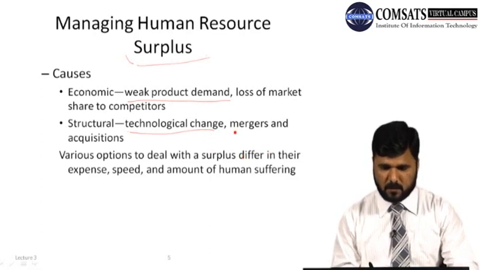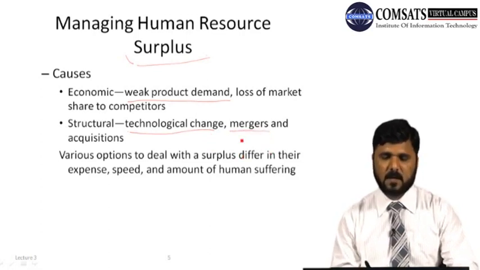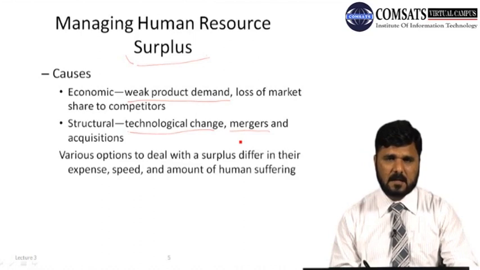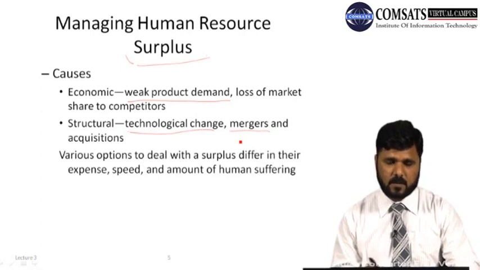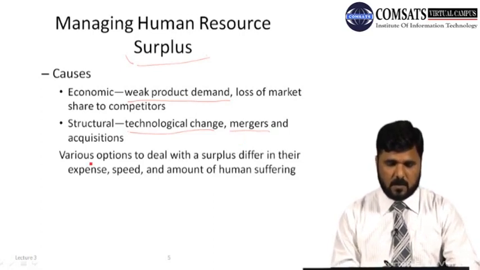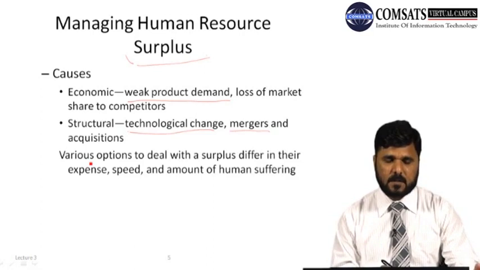It may also occur because of mergers and acquisitions that are taking place in different industries. We can talk about the banking sector. We are experiencing certain mergers and acquisitions in the pharmaceutical sector. So because of these economic and structural changes, organizations are facing human resource surplus.